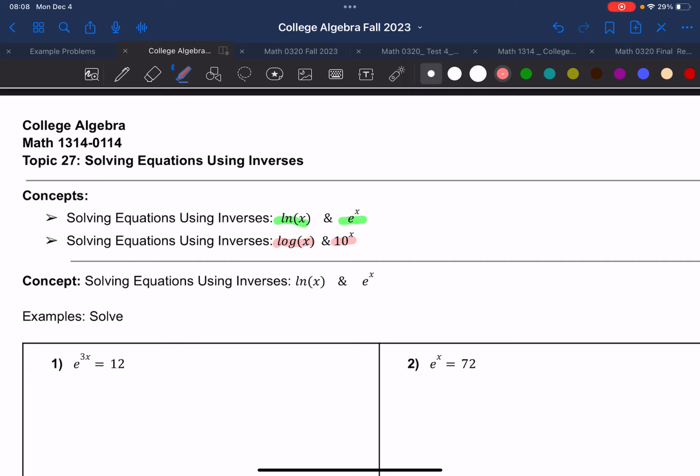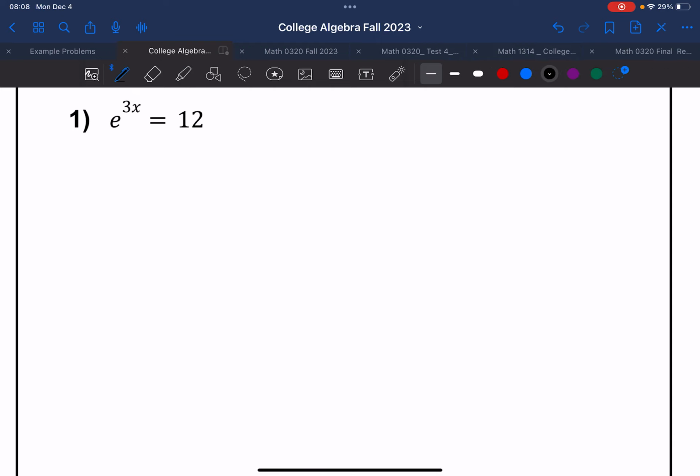So for example, on number 1, we have e to the 3x equals 12. So again, we know that in order to cancel out e to the x, we're going to have to do natural log to both sides in order to cancel out that e.